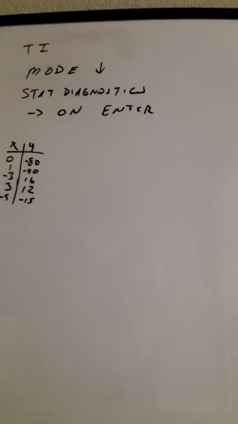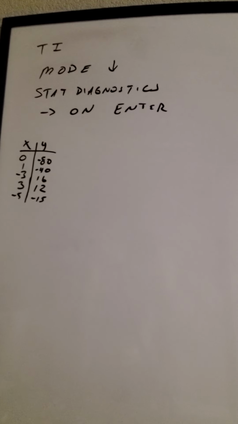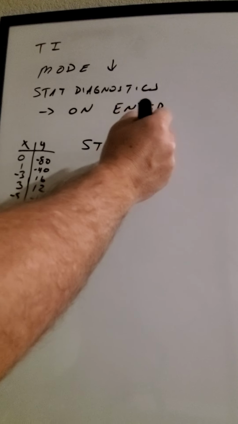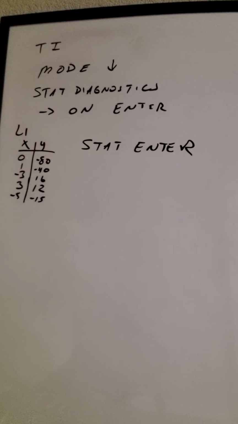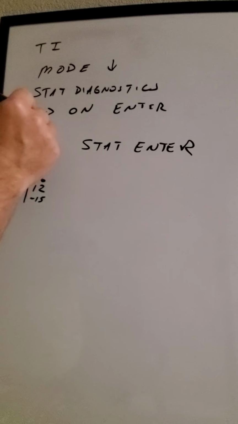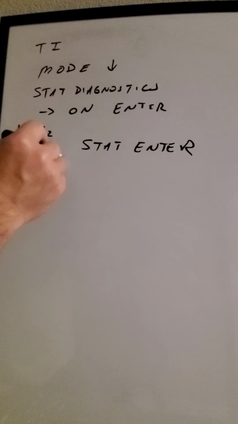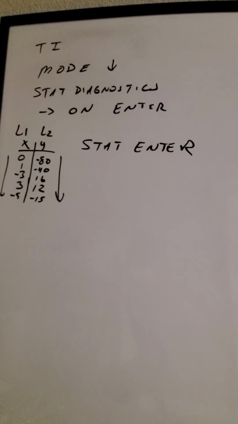I don't want you to put this in the calculator. What I'm saying is you put your data in the calculator by going to stat, and you hit enter. And remember, all the X's go in L1 and all of the Y's go in L2. And they go in this exact order. The calculator will sort it out for you.